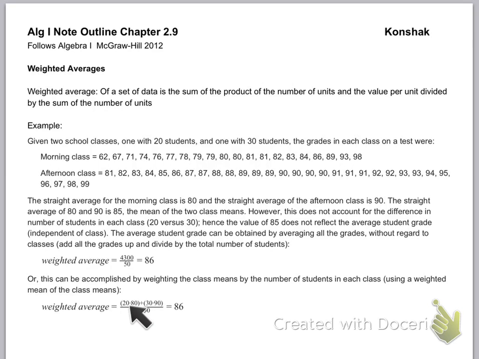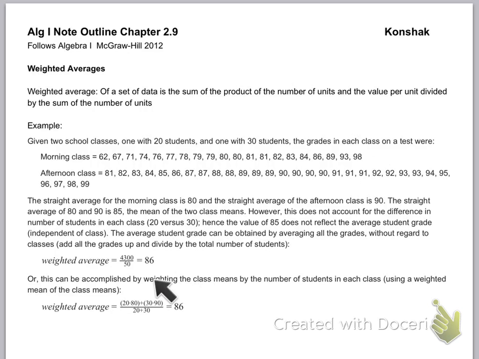All I do is I take the amount of students, or how many times am I using the average of 80? 20 times, right? If I multiply 20 times 80, what number will I get? I'm going to get the value of taking all of their numbers and adding them all up. I'll have the total for that class.